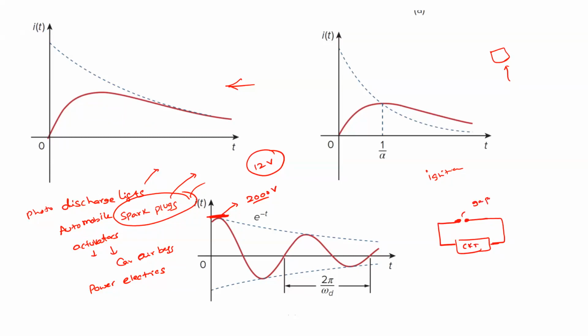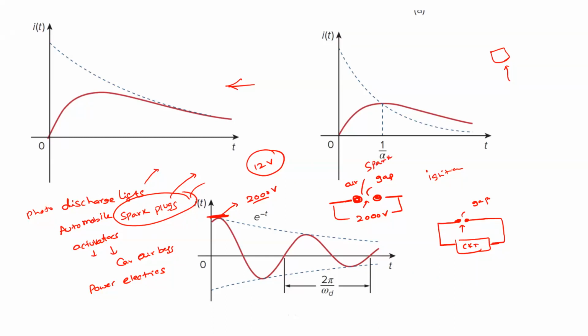We use a second order circuit and provide high voltage across this gap. Assume this is one electrode and this is the other, and we are providing some voltage, for example, 200 volts. What will happen? The air nearby will start ionizing with this high voltage, and a spark will appear.